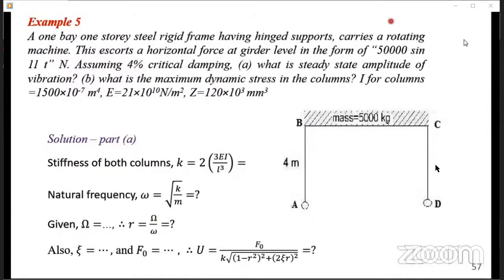Once we know what the forcing function is, we know that we have F naught sine omega t. So this is the F naught that we are looking for, and this is the omega that we are looking for.